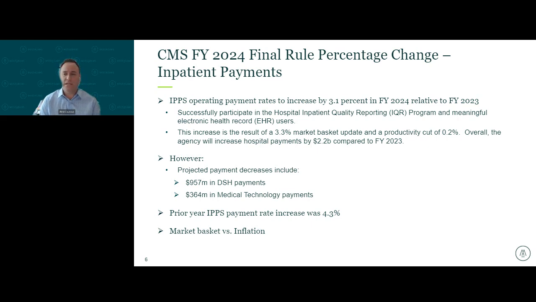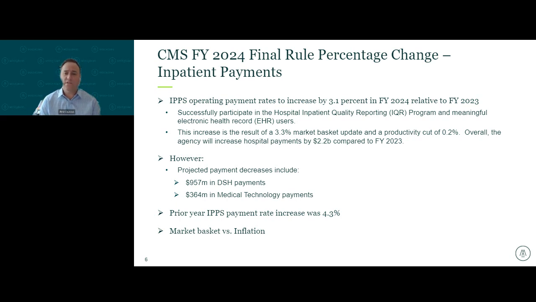We'll spend a little bit of time later in the presentation talking about this first one, which is DISH payments, specifically uncompensated care payments and how that pool has declined. That is significantly up from what was proposed earlier this year. There's also a small decline in medical technology payments we'll talk briefly about.